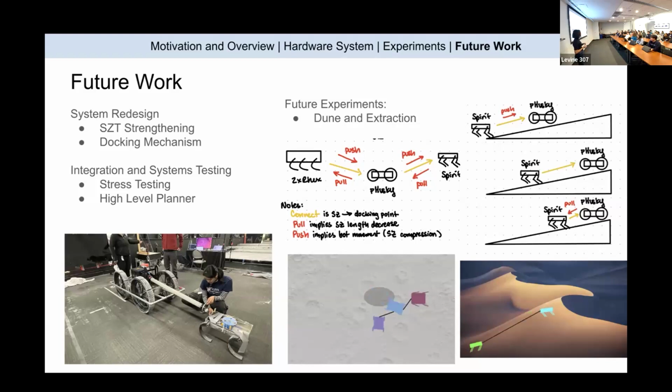So I have a question specifically for climbing the dune. What I imagine is that the one on the bottom, when he's trying to push the one to the top, would slip, or the same when you're at the top and trying to pull someone up, it would slip. So are you working on any specific ways to anchor them? Depending on the bot that we actually use, if we were to use the Spirit, there's a way to stabilize it with the way that it's put on there.